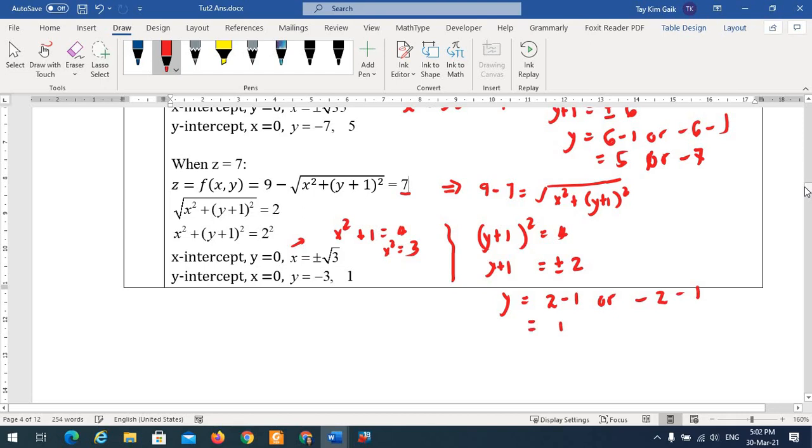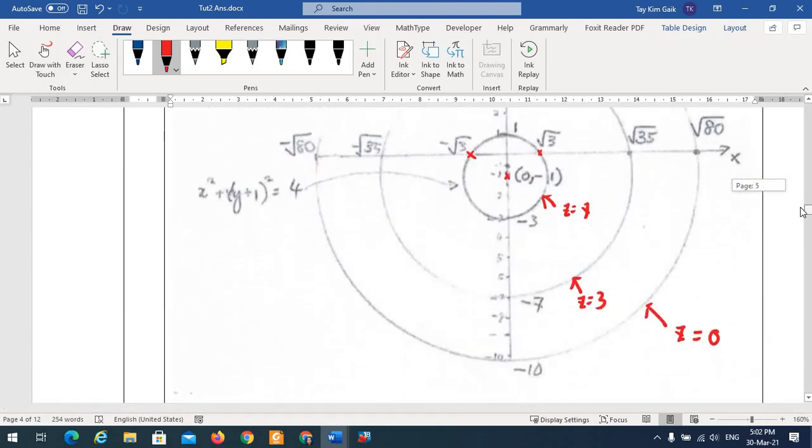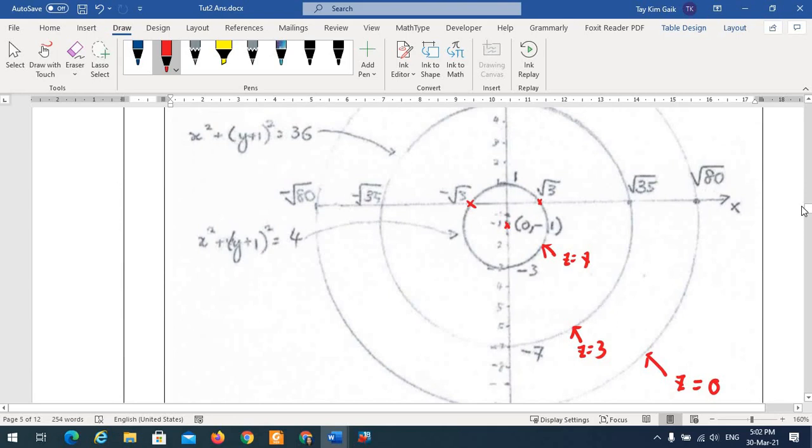So 2 minus 1 is 1 or negative 3. That's why you have y-intercepts 1 and negative 3. So this is your level curve. Make sure you label each curve, at what z value it is. Label each x-intercept and y-intercept properly.